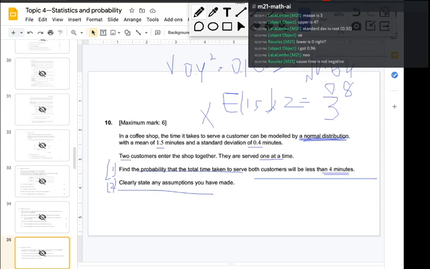Time is not negative, but normal distributions can be negative. Normal distribution works differently, because it's a probability distribution curve. So let's just say 4 minutes is around here. Wait, actually 4 minutes is okay. If it's 3 minutes here, then 4 minutes is a lot.